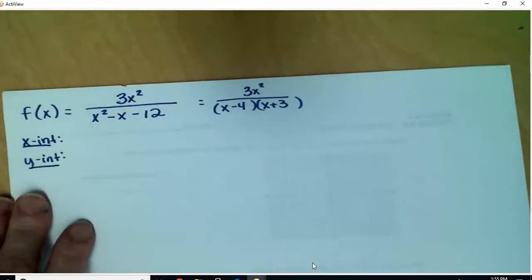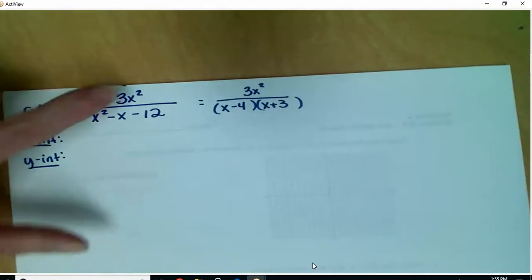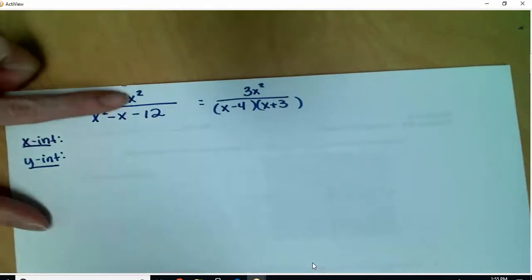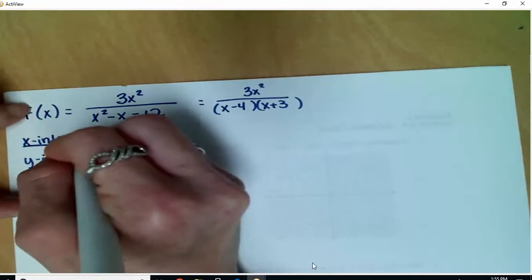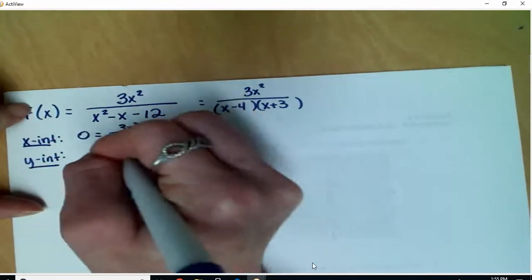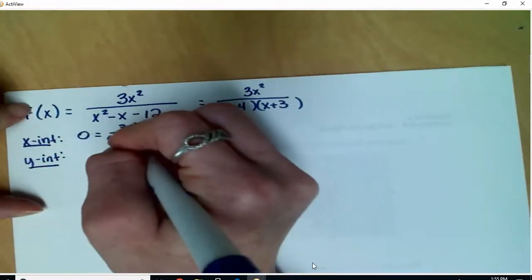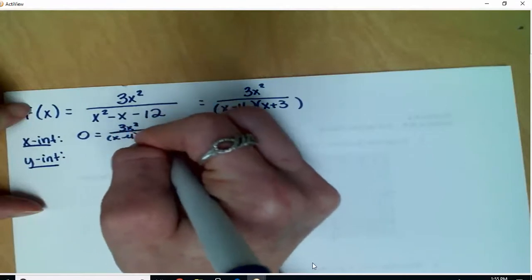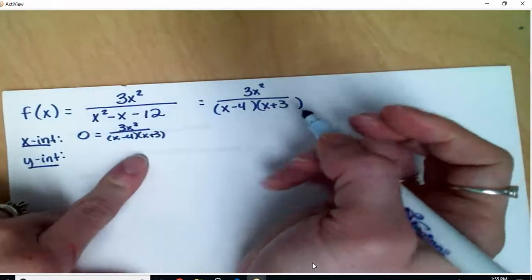And x-intercept is when y equals 0. If I set my y, that's like my whole function, equal to 0, what would you do first to get rid of the fraction?